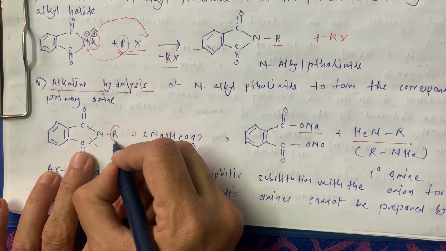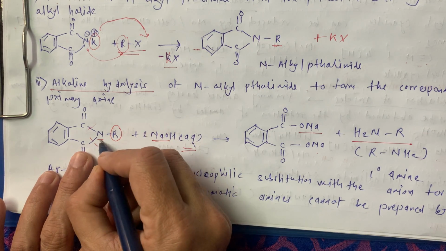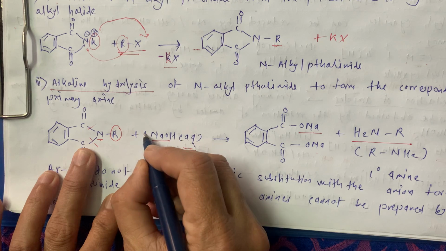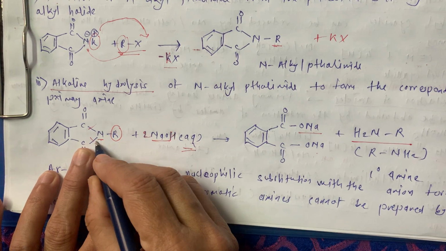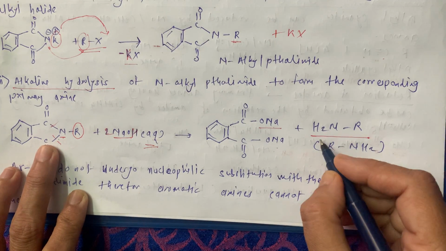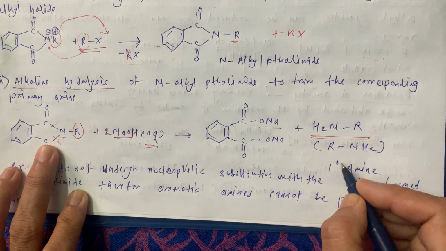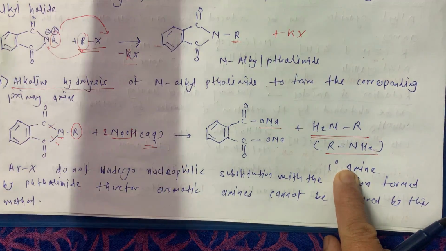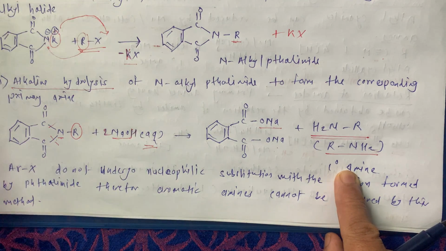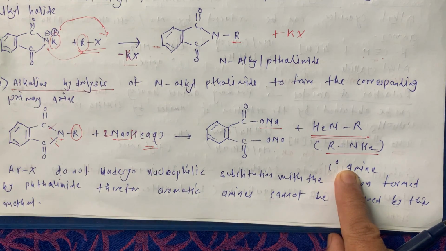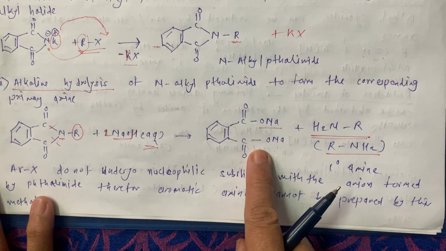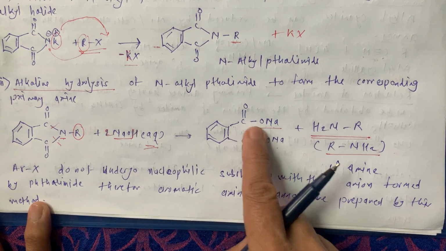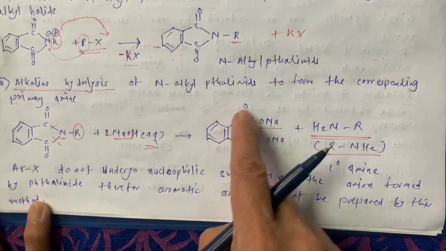And now this R with this N, and two hydrogens are attached to this, and there is formation of NH2R or RNH2. That is nothing but our primary amine. Here it is primary amine, and this is our sodium phthalate, because this is the ester, RCOONa.